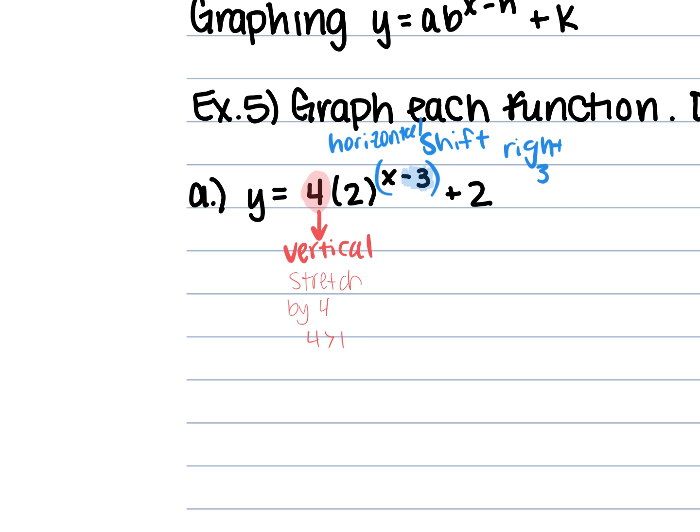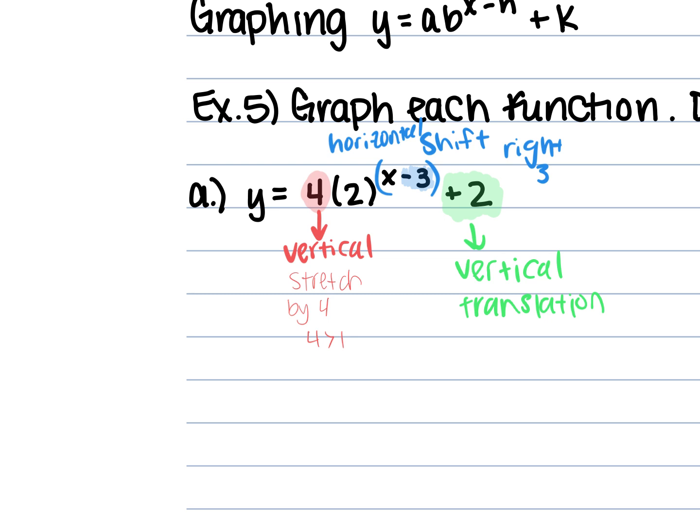All right. Now, the plus 2. Highlight the plus 2. What operation is plus 2? Addition. So when it's addition, it's going to be a translation. Is this vertical or horizontal? Vertical. If you're vertically translating something positively, where are we moving?